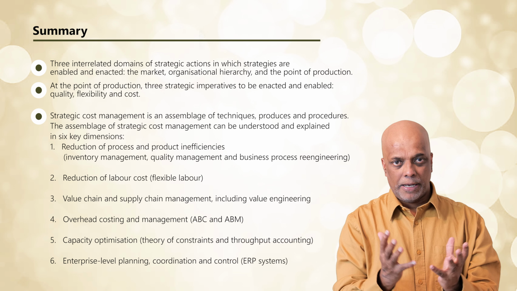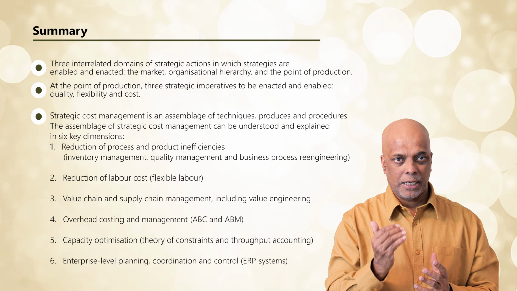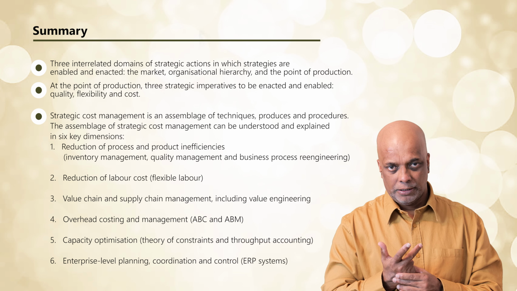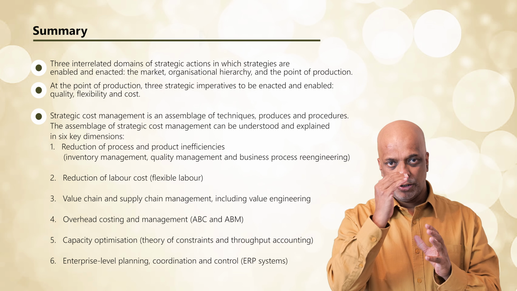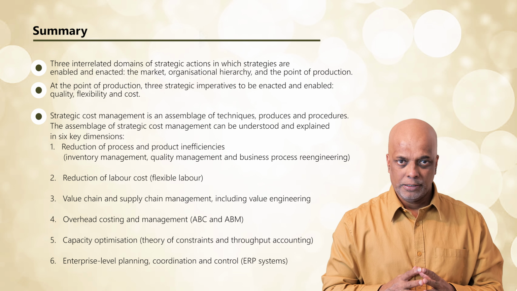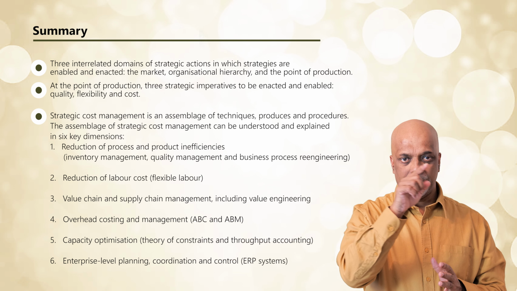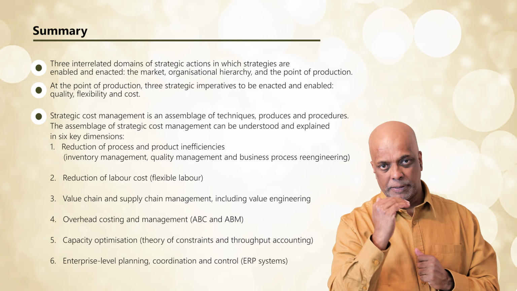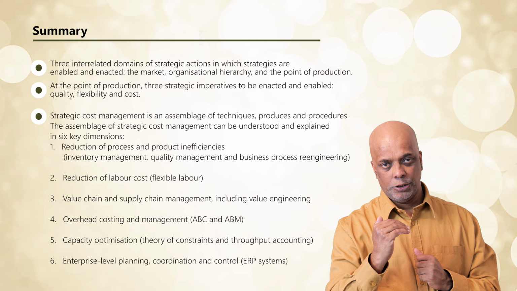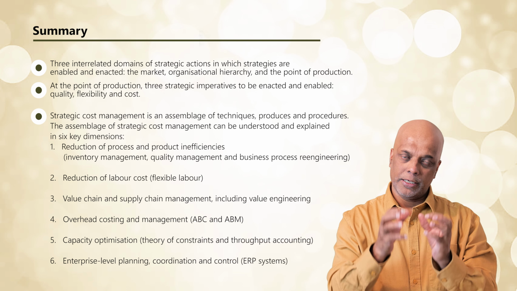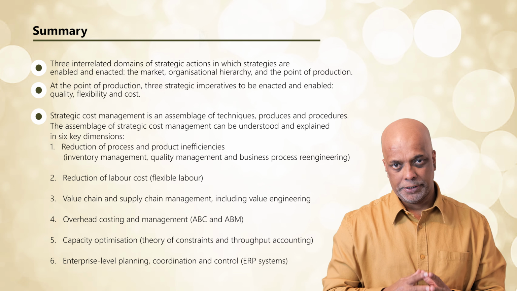When it comes to capacity optimization, we discussed theory of constraints and throughput accounting, especially two elements of them: the cycle of managerial activities through which capacity can be optimized, and a specific set of accounting ratios through which capacity optimization can be calculated, measured, and evaluated.